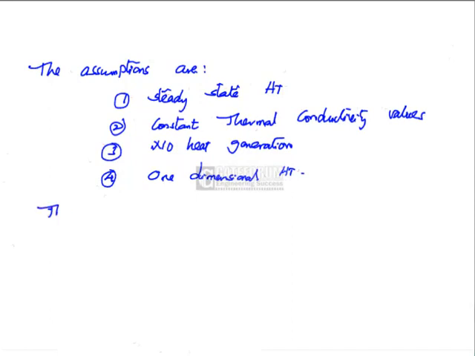So, with these assumptions, the thermal circuit would be: there are 4 resistances in series. Between the hot gases and the inside surface, it is heat transfer by convection. Therefore, there is convection resistance between the gases and the inside surface.